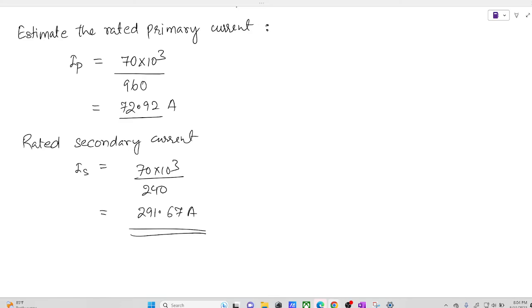Next, they have asked to estimate the primary current in ampere when the secondary side load draws 27 kilowatt at 0.7 lagging pf.